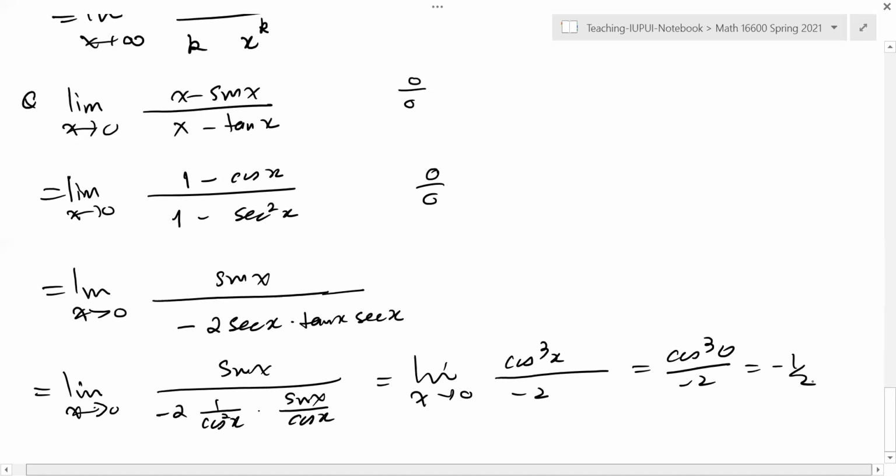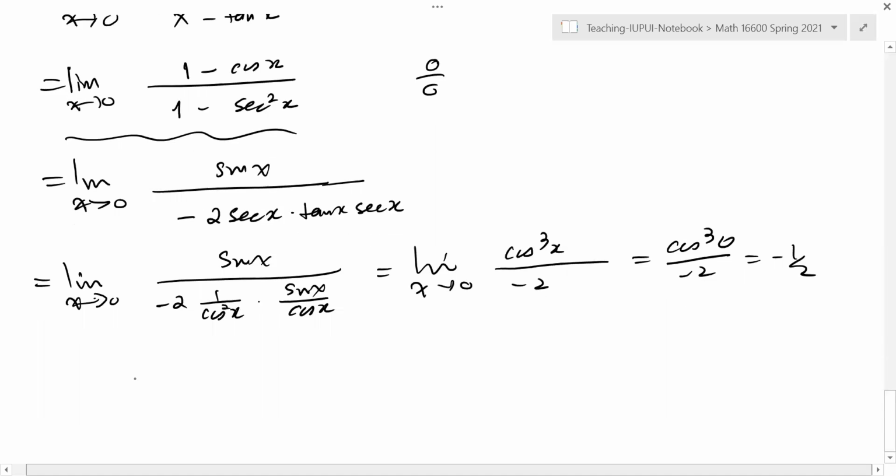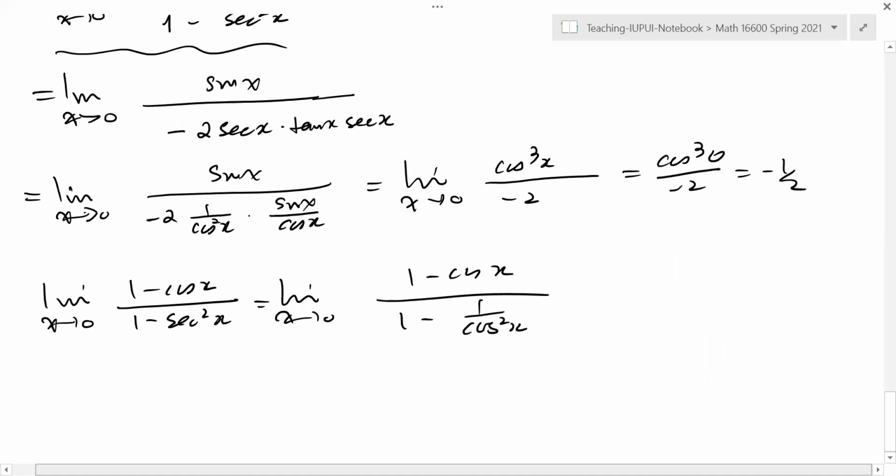But why not simplify at the very beginning here? It's even much quicker, okay? So let's try this. I don't like secant x, okay? So I get 1 minus cosine squared x, okay? Then how do I simplify?